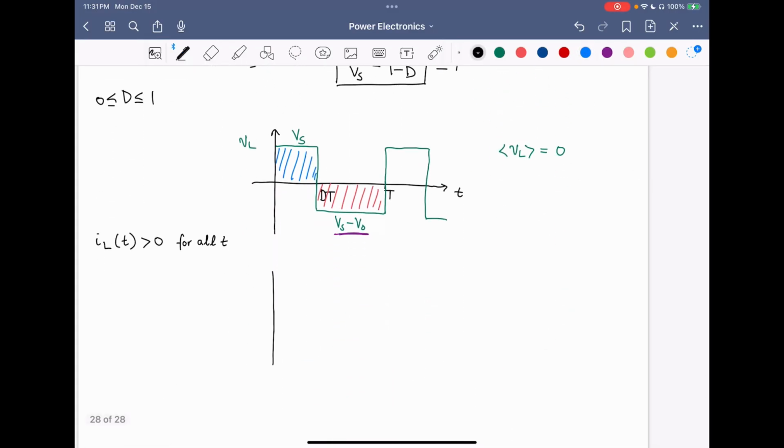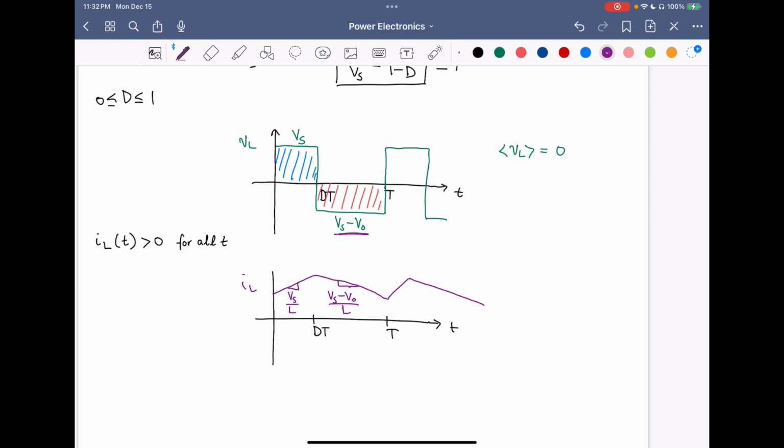So what the waveform is going to look like is in the dt interval, we will have the inductor current increasing with slope Vs over L. And then in the d prime t interval, it will be decreasing with the slope Vs minus Vo over L. And because of the periodic steady state operation, this waveform will repeat continuously.